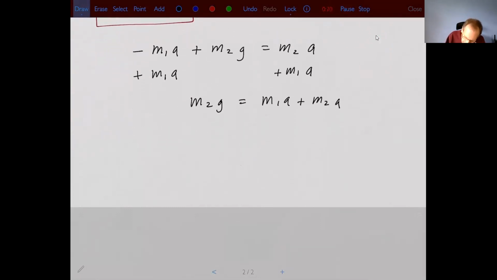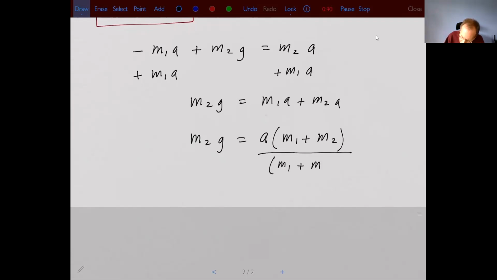And now I can factor out an a from the right-hand side. If I take out an a, I'm left with m1 plus m2. And then I can divide both sides by m1 plus m2. Since I want to get a by itself, and it's being multiplied by that quantity, I'll divide by that quantity. But whatever I do to one side, I have to do to the other side.